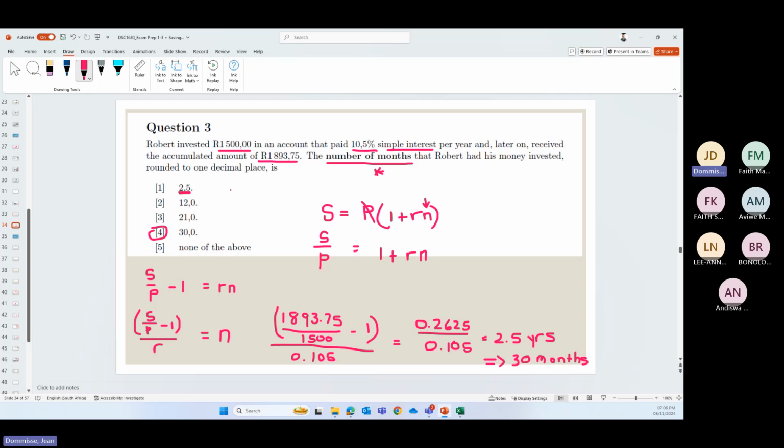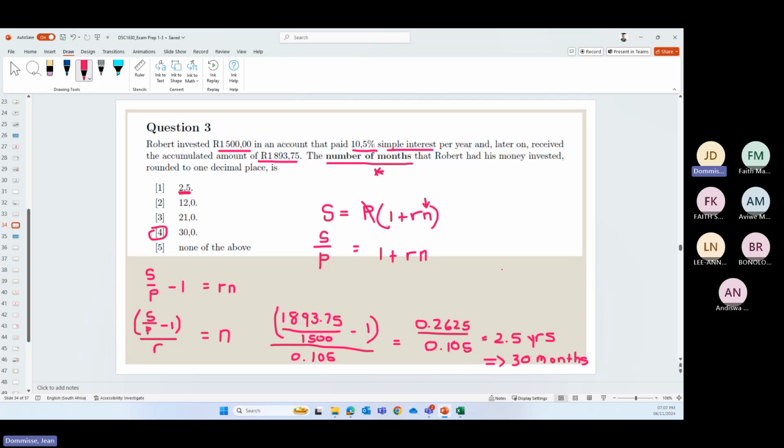Okay, so again, simple interest, sometimes we feel it should be an easier question, but then they throw in these nearly nasty things. Let's call a spade a spade, a nasty one, because it's very easy to make this mistake of saying 2.5 and go for that.